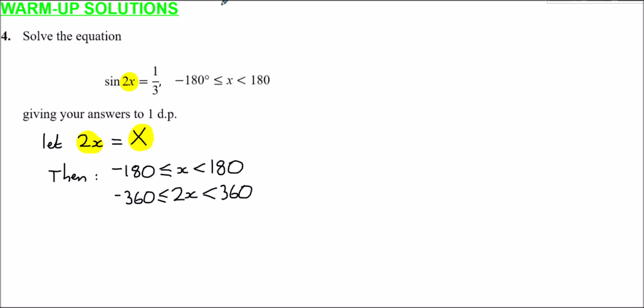But of course, 2x is the same as just big X now. So the range we're wanting for our new variable, big X, is now between -360 and 360.